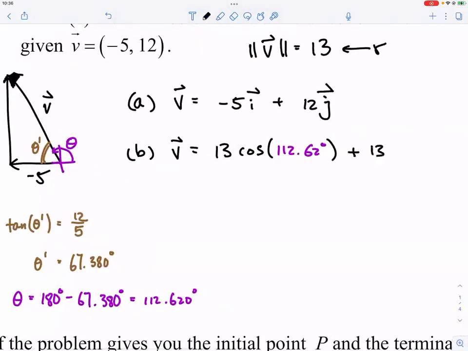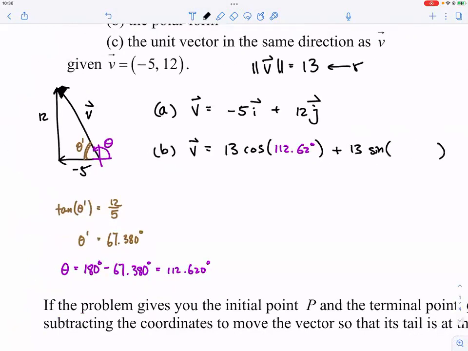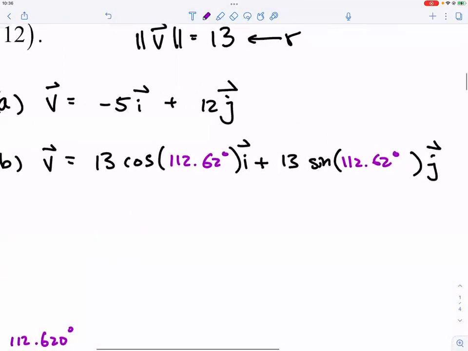Plus 13 sine of... oh, I forgot to write down the i and j. All right, so don't forget the i and j here. Now I'm going to let you write down first, and then I'm going to elaborate a little bit more.